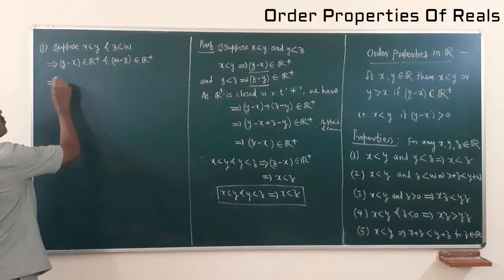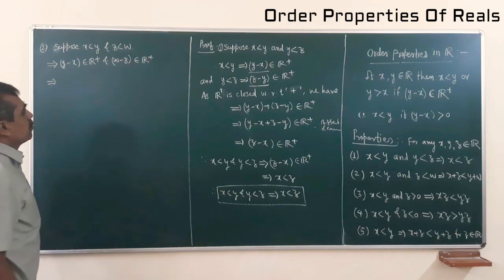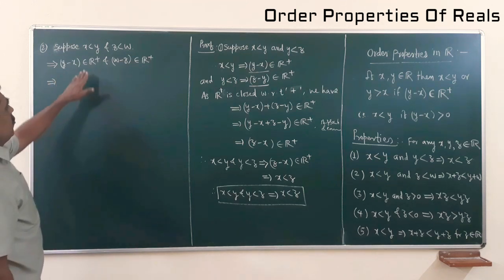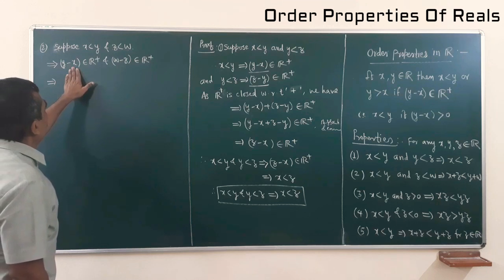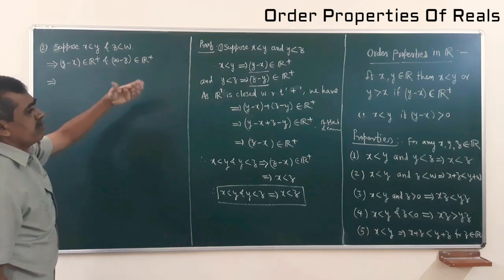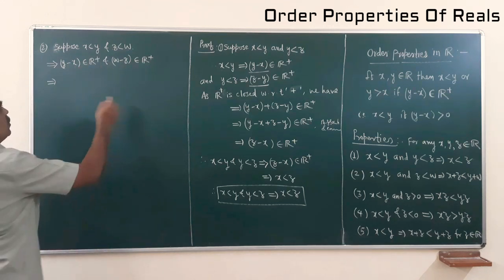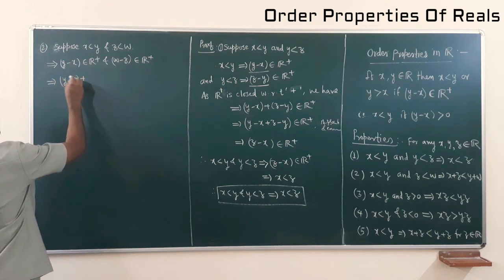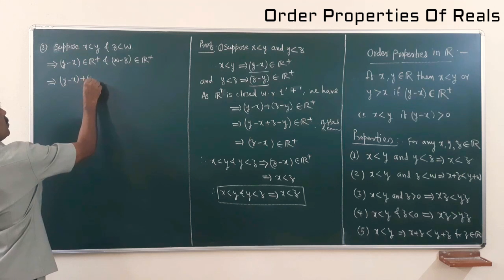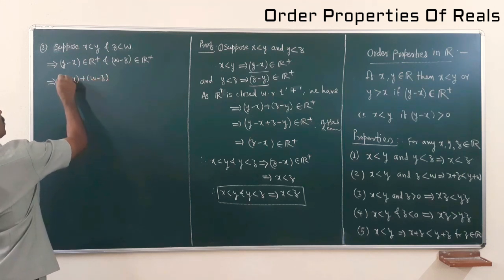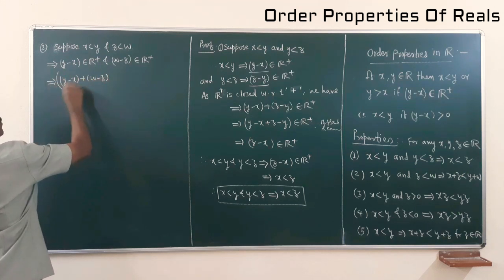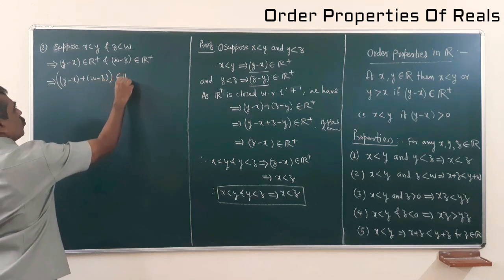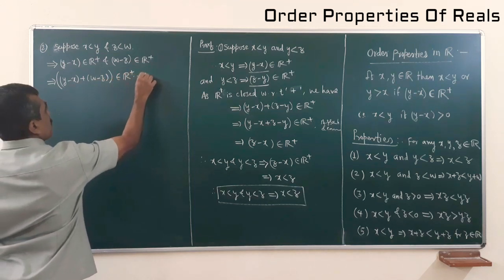This implies, now see here, this belongs to R plus, this also belongs to R plus, and R plus is closed with respect to addition. So y minus x plus w minus z, I will write this in a big bracket, belongs to R plus. Why is it so?